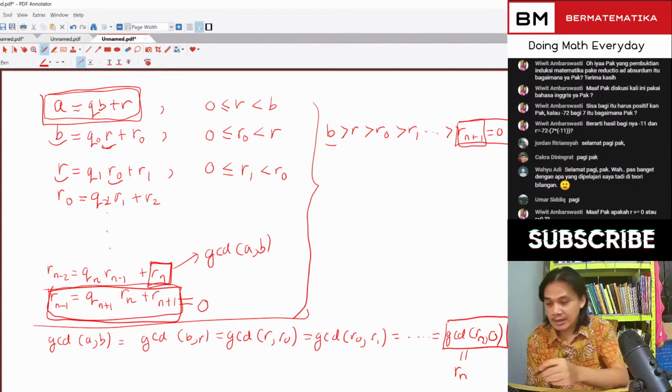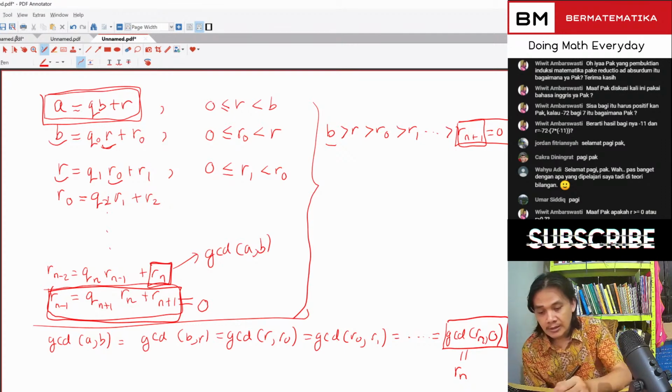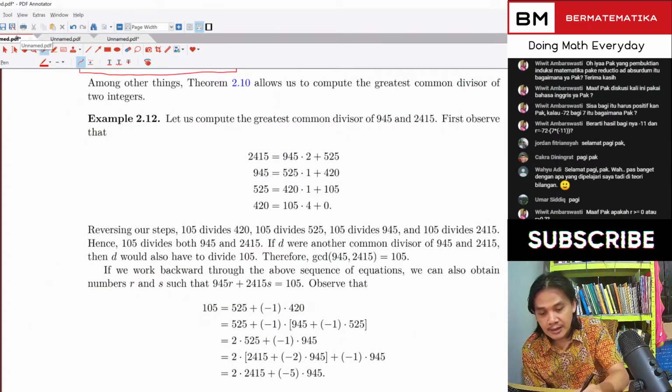Okay, let's try to do some example. So here we want to find the GCD of 2415 and 945.